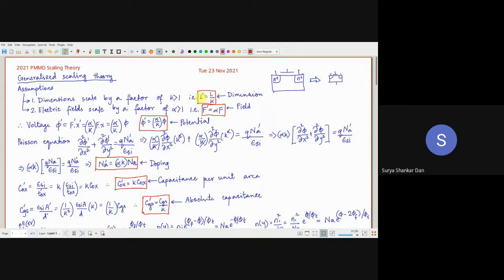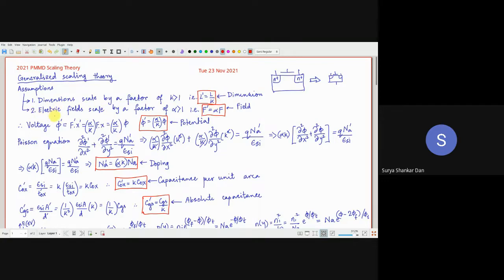So the scaling factor k is always defined as greater than 1 for downscaling. So L dash becomes equal to L by k, where L is any parameter. It can be x, y, z, or channel length, anything. Any dimension will scale like this.